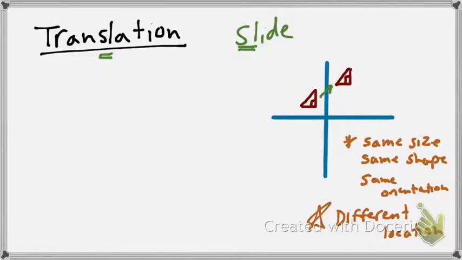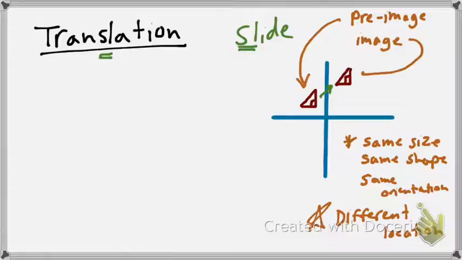One of the things we need to make sure that we identify is the pre-image and the image. The pre-image is what we started with. The image is what we ended with. And that's something you probably remember.